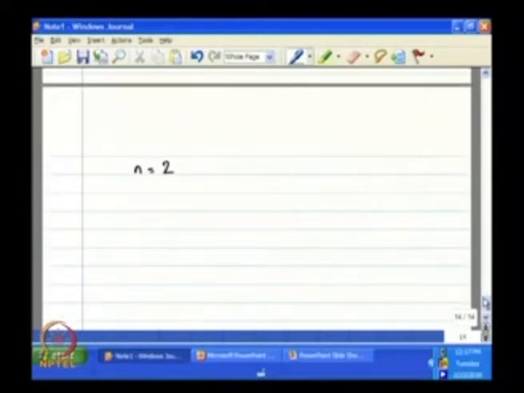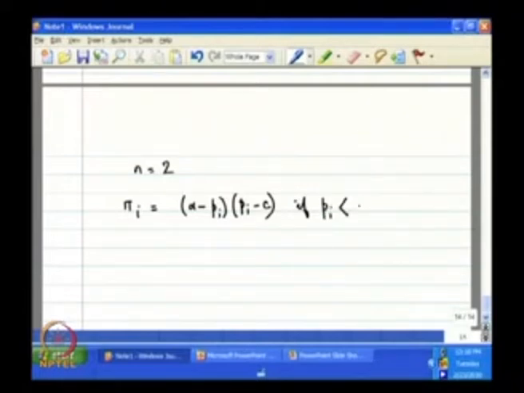Now, if that is the case, then what is the profit that each firm is earning? I can succinctly write this as follows. If firm i is the one which is charging the lowest price, then we have just seen that the profit that it is going to earn is given by this, where Pi is the price charged by firm i, if Pi is strictly less than Pj.